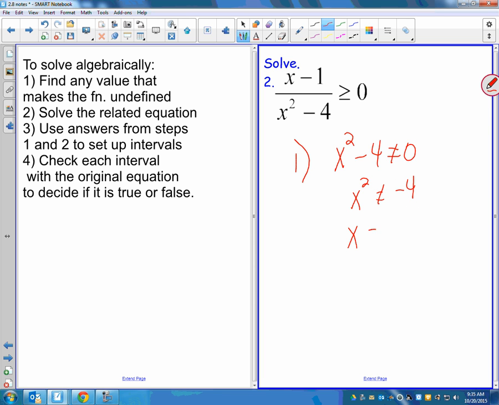So x can't equal, goodness gracious, I can't do my math, plus or minus 2. So I would have 2 vertical asymptotes if I graph this, at 2 and at -2. That means when I make my sign chart, I have to include those points I have to skip over.